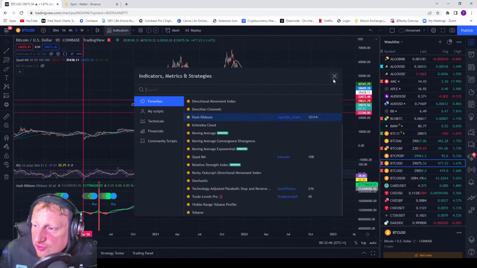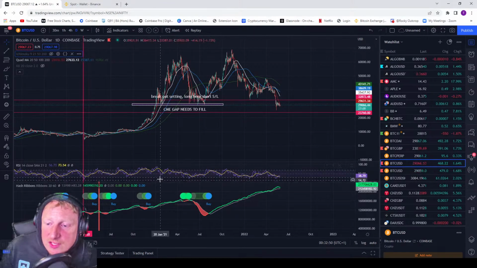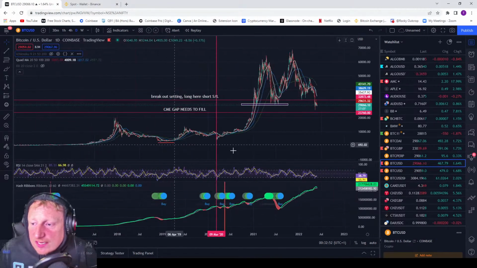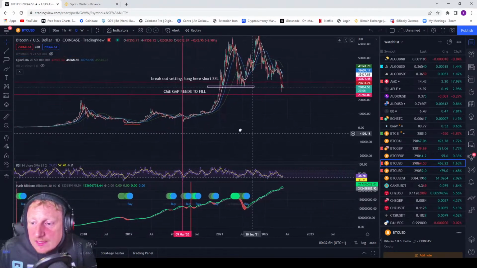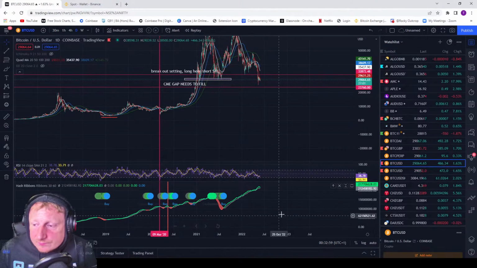There you go. There's the hash ribbons. It's because I couldn't bring up too many at a time. So here we go. Here's the hash ribbons. So this is what I was saying earlier, that this big fat line just here is the halving.